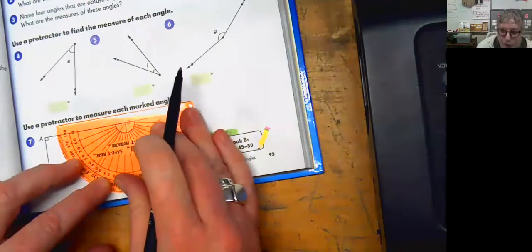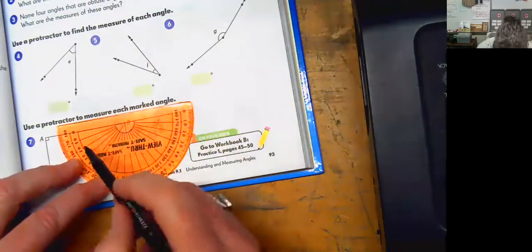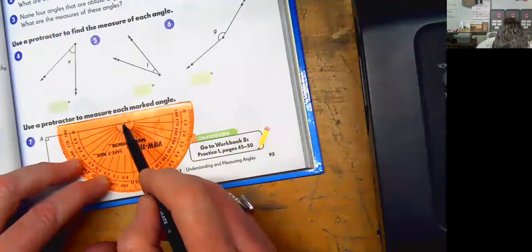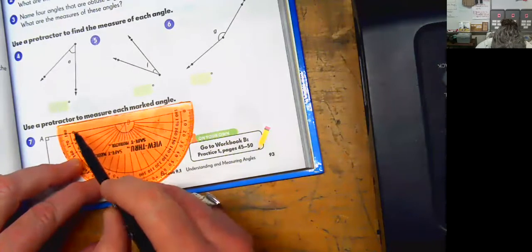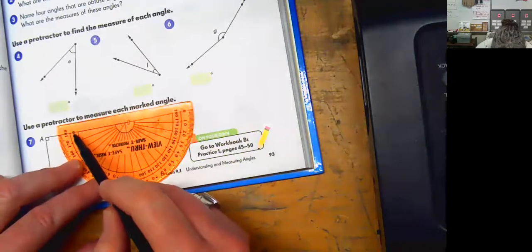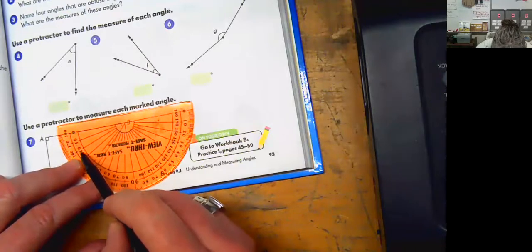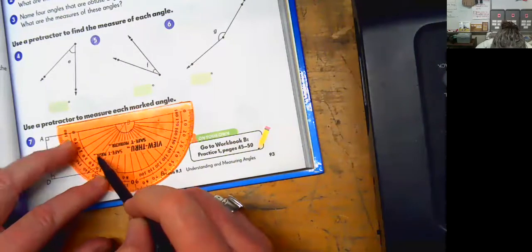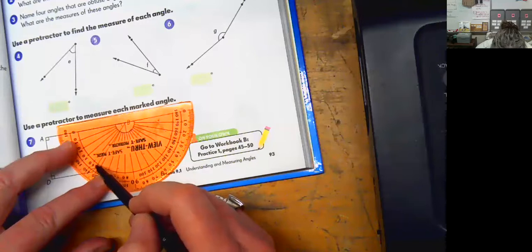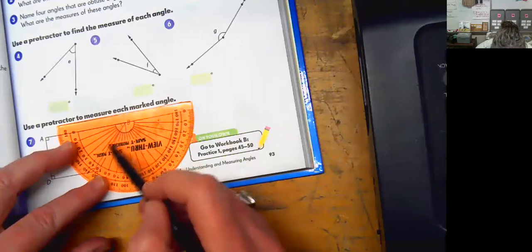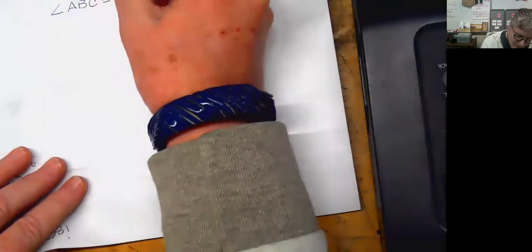You can practice in your own math book with your protractor. So I'm starting over here at the 0 scale. I have 0, 10, 20, 30, 40. It looks like it's between 40 and 50, which means it's going to be 45 degrees, which means it's acute.